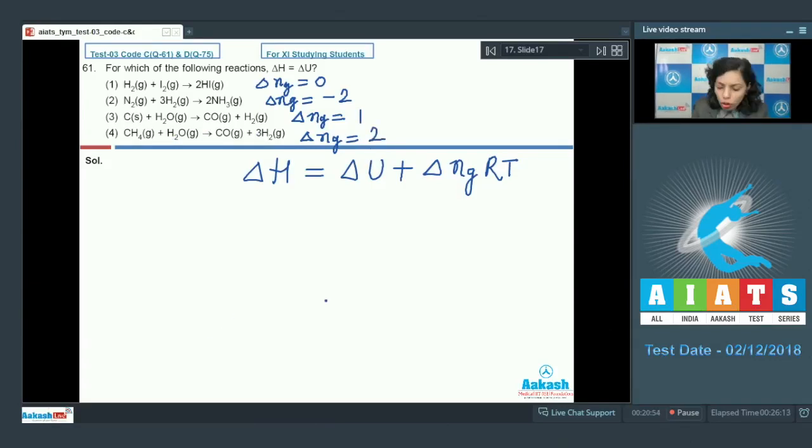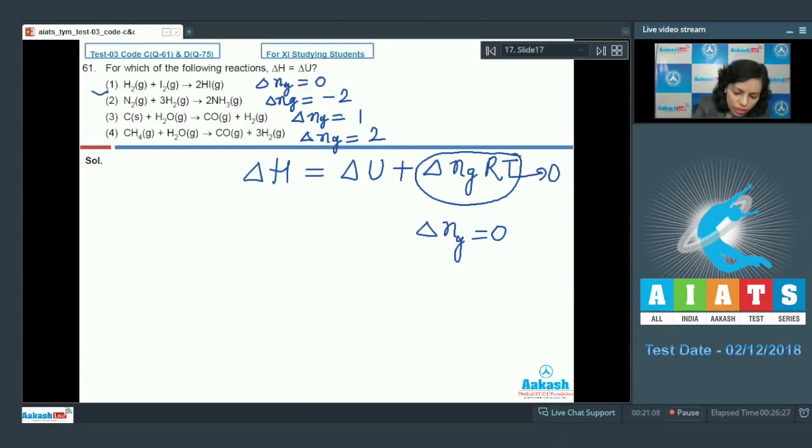So these are the values. For which reaction is delta H equal to delta U? When this value is 0, and this would be 0 when delta ng is 0. And for which reaction is it so? For the first reaction it is so.